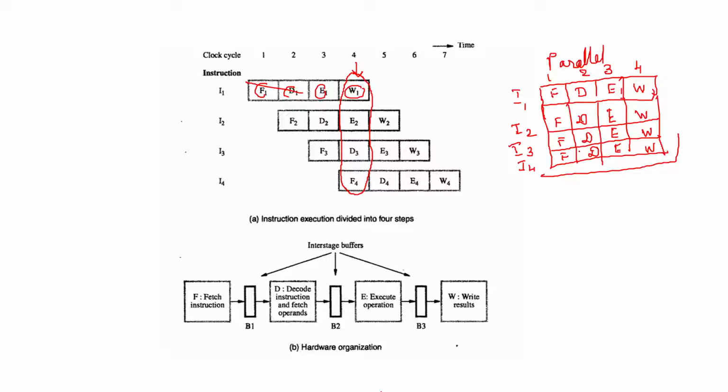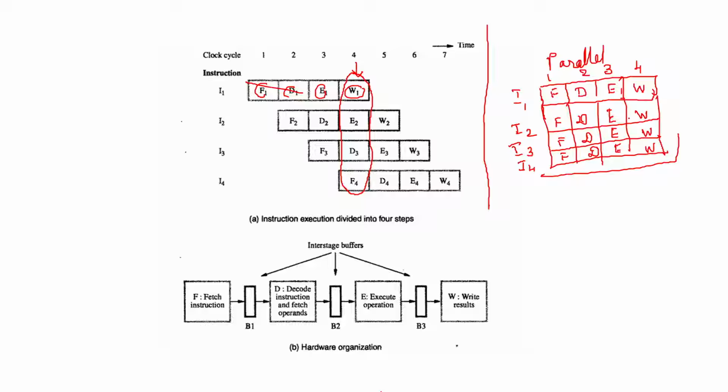It means all the 4 instructions will be in the same stage at a single clock cycle. In concurrent processing, the instructions are executed concurrently, but all the instructions are in different stages, not in the same stage. That is the difference between concurrent execution and parallel execution.